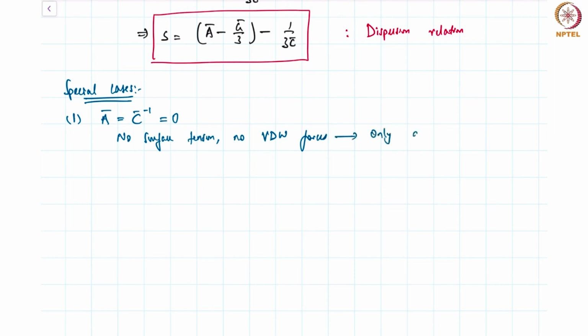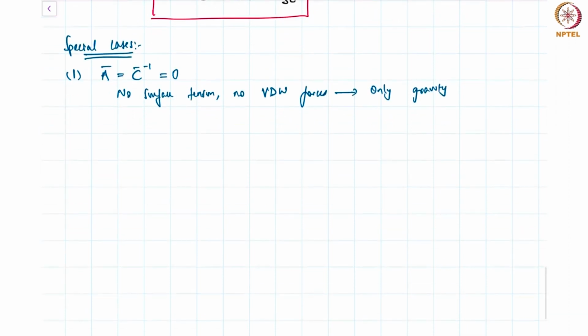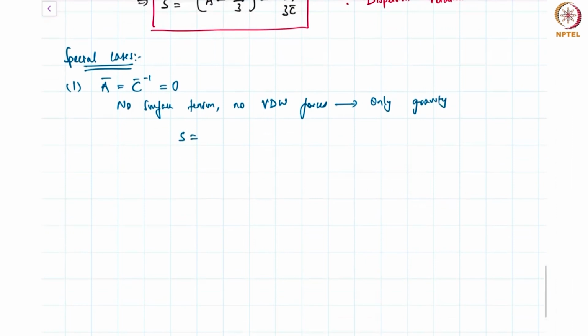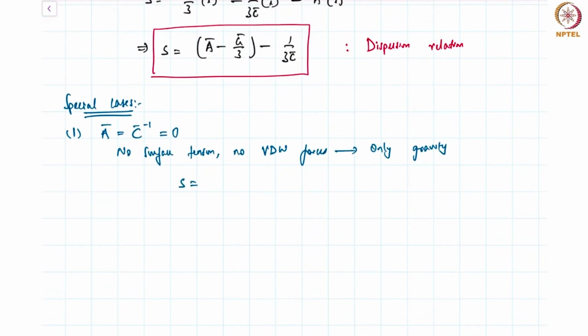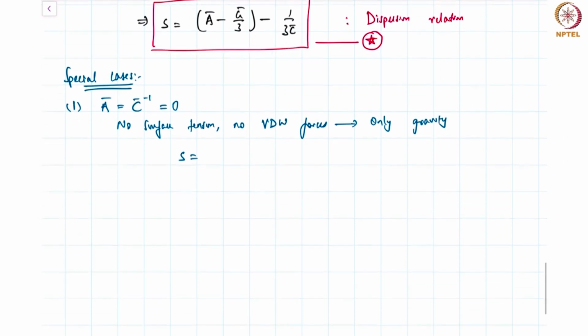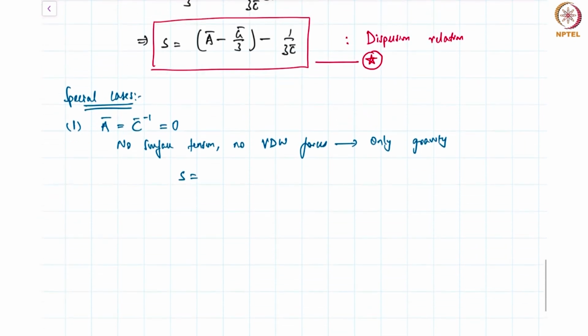Only gravity present. Okay. So what do we get for S? If I look at this equation, we'll label this equation as equation star. Equation star essentially reduces to S becomes minus G bar by 3. Right?